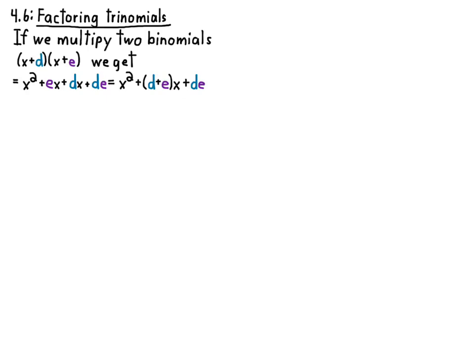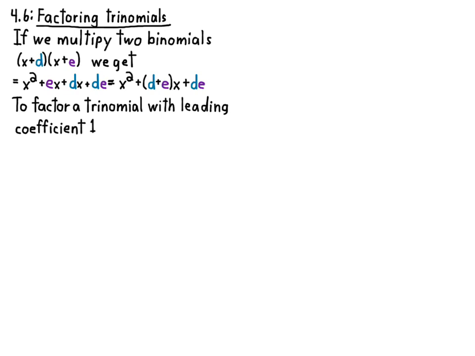So if we're trying to get from a trinomial, factoring a trinomial with leading coefficient 1, which is the easiest ones, then we have to do this computation backwards.